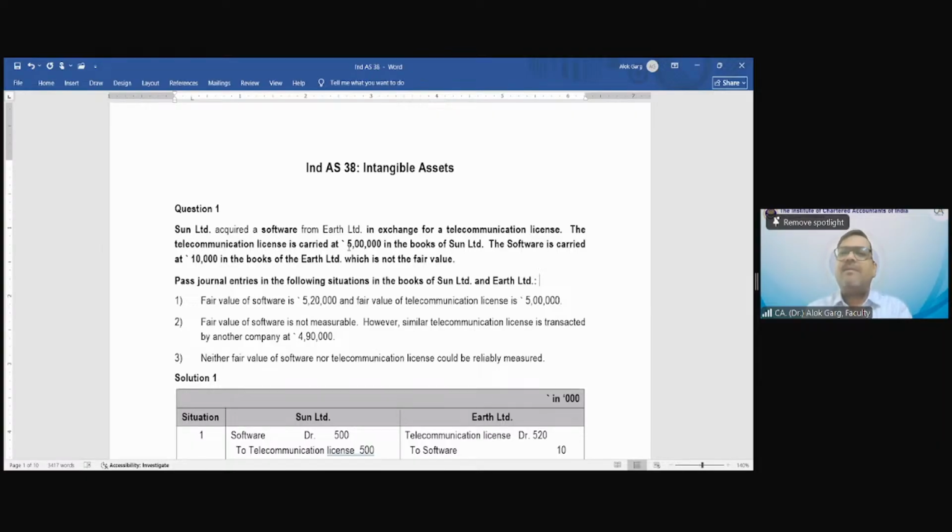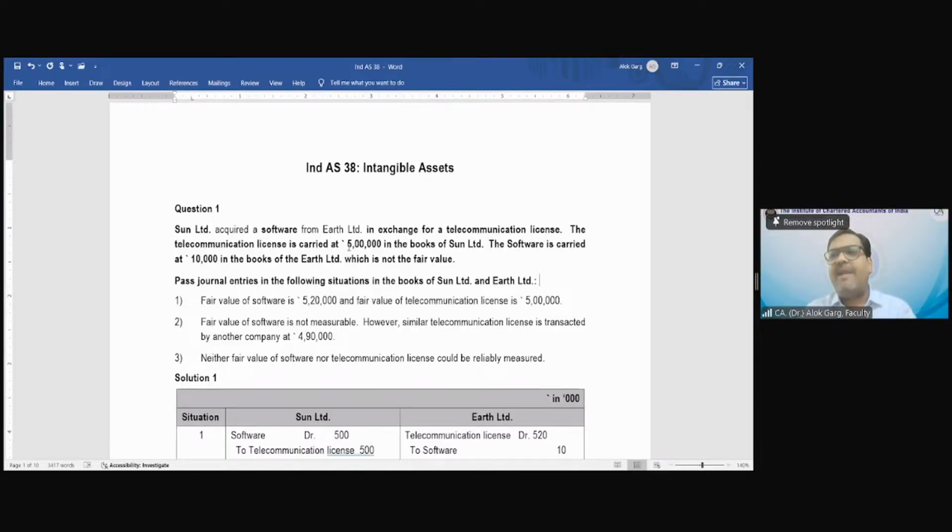Just apply the logic. If you bought the software in cash, the only difference is how you are paying. You are not paying through cash, you are paying through the telecom license.